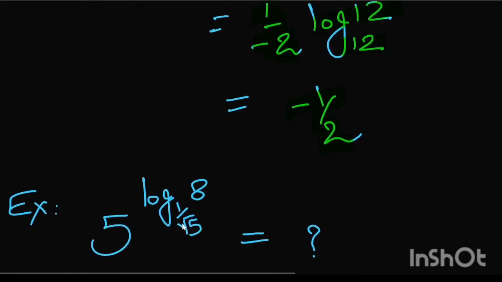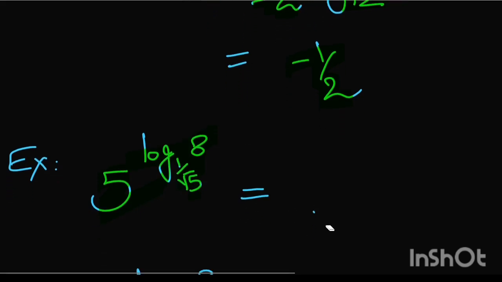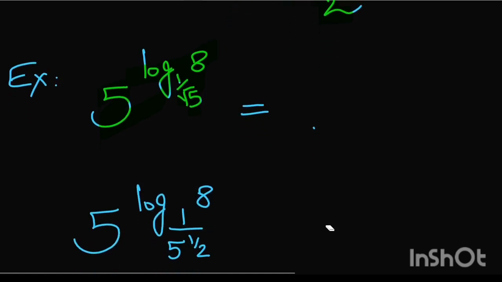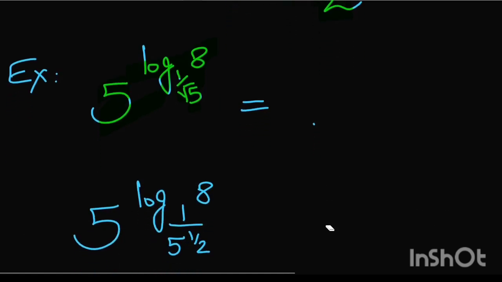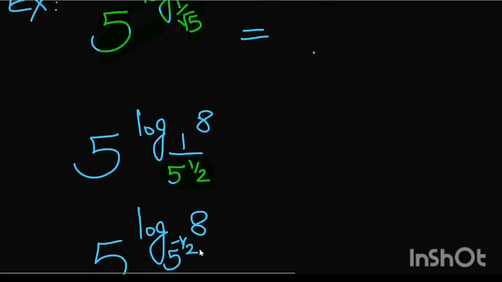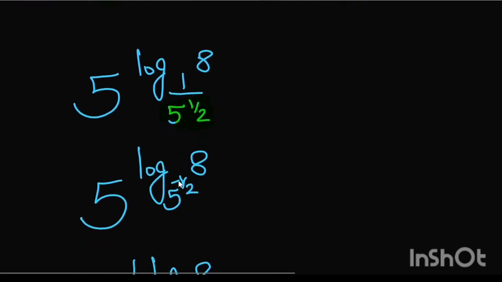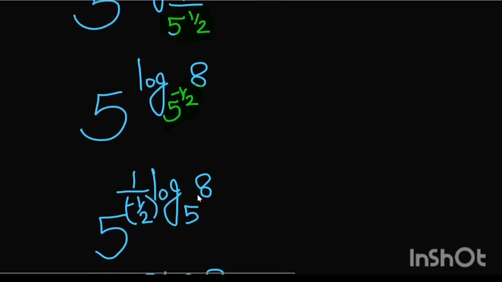Similarly, let's try this. Again, you have to find this 5 to the power log 8 base 1 by root 5 in terms of a number which is free from log. So again, the approach would be to write 1 by root 5 in terms of the power of 5, which is 1 upon 5 to the power 1 by 2, and 1 upon 5 to the power 1 by 2 I have written as 5 to the power minus half, which will go in the division.